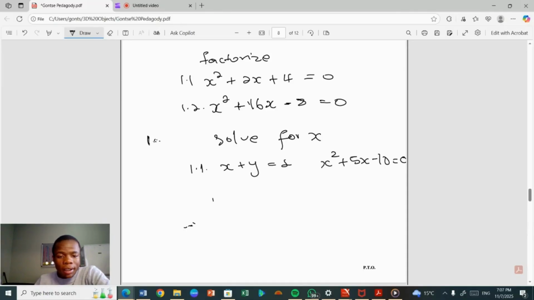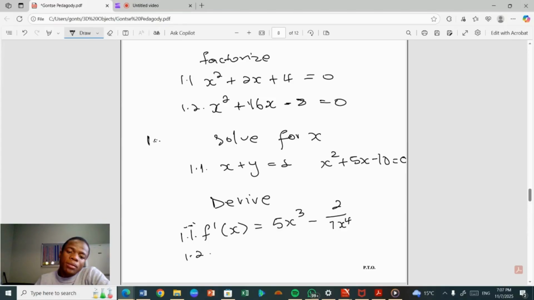Then derive f of x. 1.1: f of x is equal to 5x to the power of 3 minus 2 over 7x to the power of 4. And then 1.2.